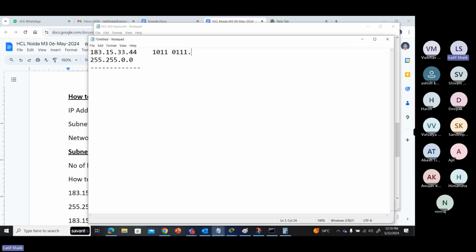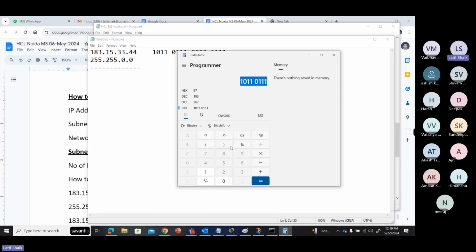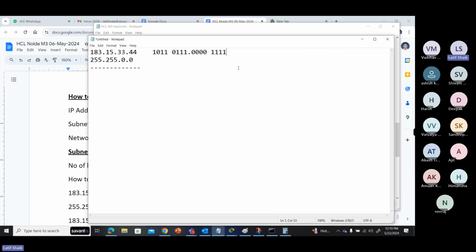So 15 I can do directly. If you have a doubt, I can go to decimal 15. It is this one, but we have to write it in an 8-bit manner.